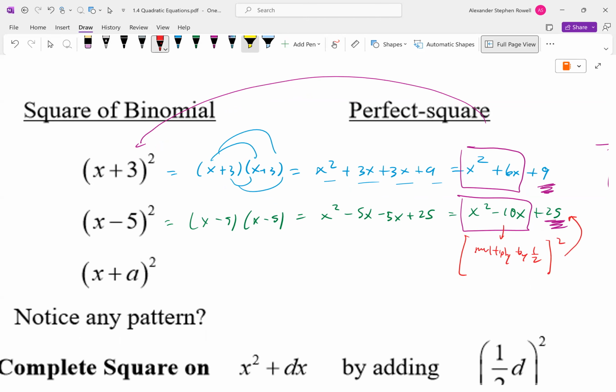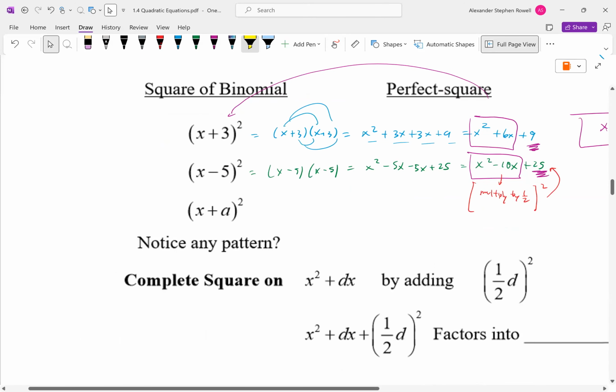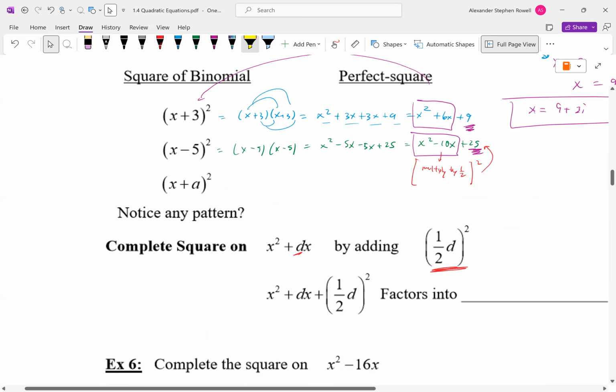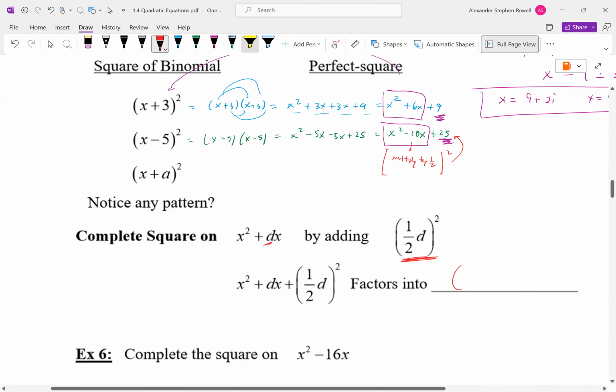That will give me the number I want. Okay, so that's the formula here. If I have x squared plus a number times x, I take half of it and square it. And it will factor into x plus 1/2 that number. Square it.